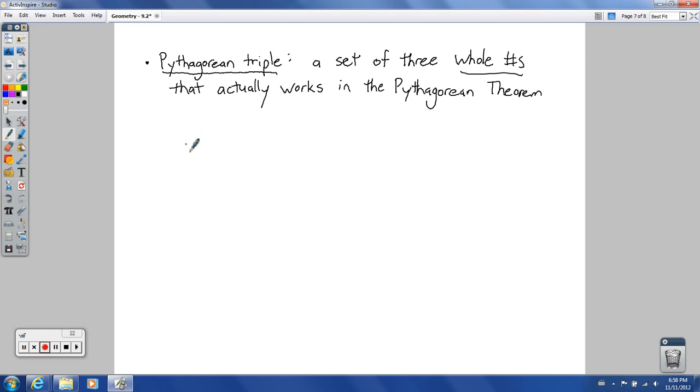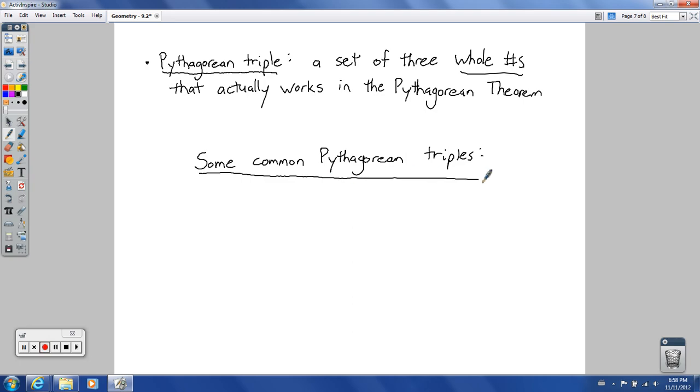So some common Pythagorean triples. Let's write down a few common ones. Some common Pythagorean triples are what you will see down here. Some common ones are, we had our first one there, 5, 12, and 13.